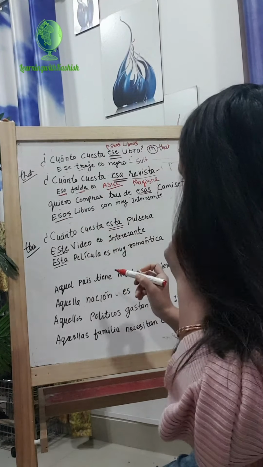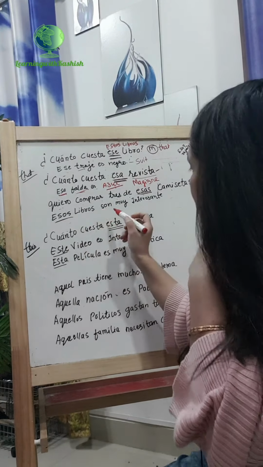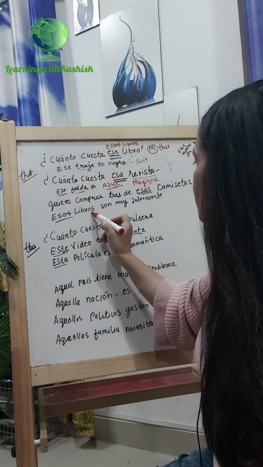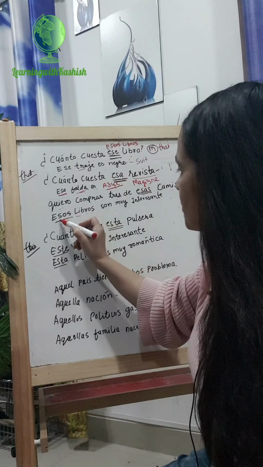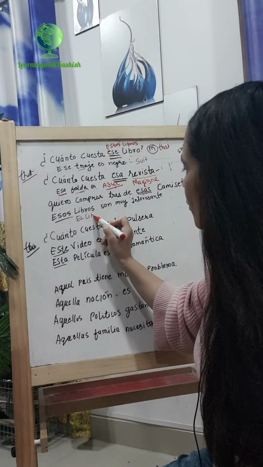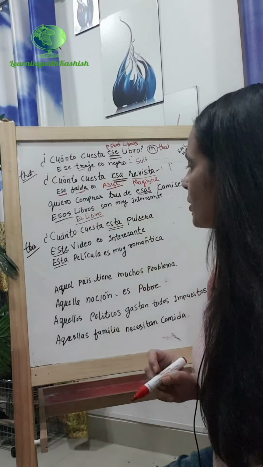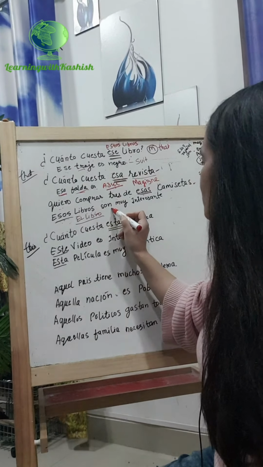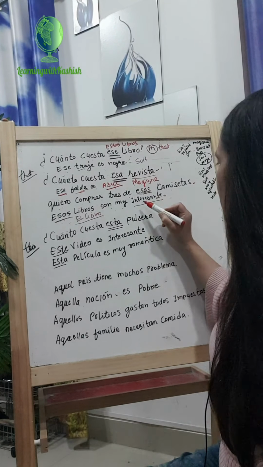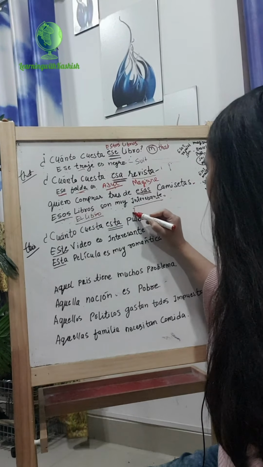Then if I want to say those books are very interesting, esos libros, I have used this masculine because libro is el libro, okay, it is masculine. Esos libros son muy interesantes.